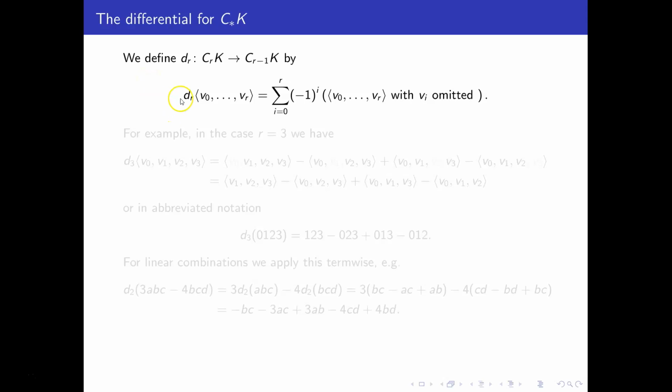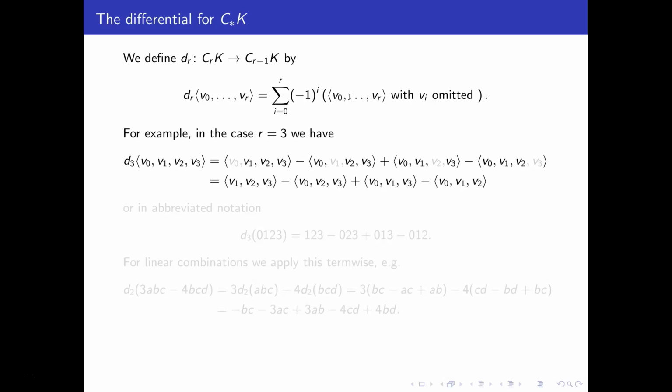To apply d_R to that, we go through the list of vertices and look at all the simplices that we can get just by leaving out one of the vertices. Okay? So we leave out the vertex Vi, then that gives us an element of C_{R-1} K, and it turns out that we have to multiply that by minus 1 to the power i. Then we take the sum of those from i is 0 up to R.